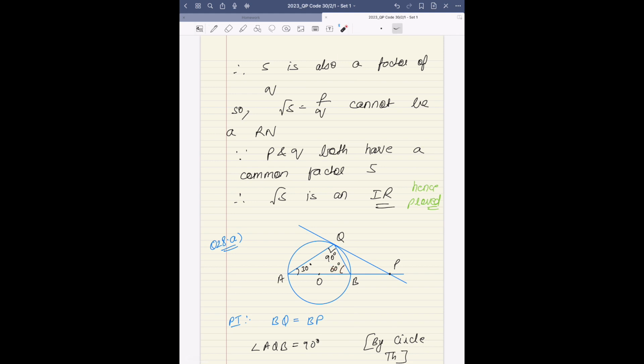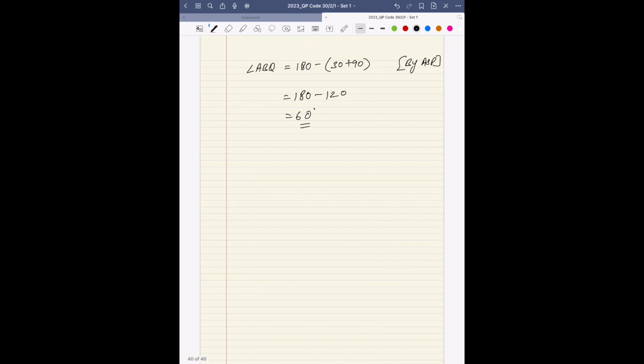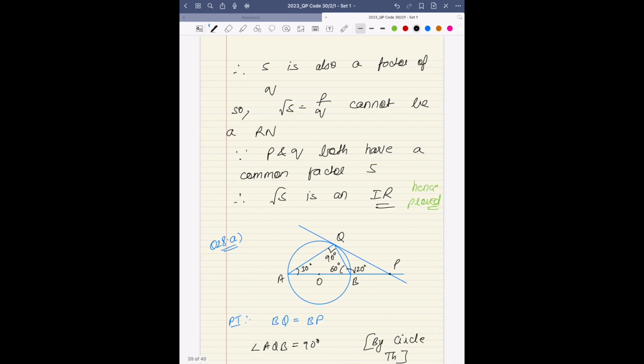Okay, so we are moving closer to finding these angles, but we need this angle as well. So this is a straight line. If this is a straight line, this will form a linear pair. In short, angle QBP will be 120 degrees. Angle QBP is 180 minus angle OBQ or ABQ, whatever you want to call it.